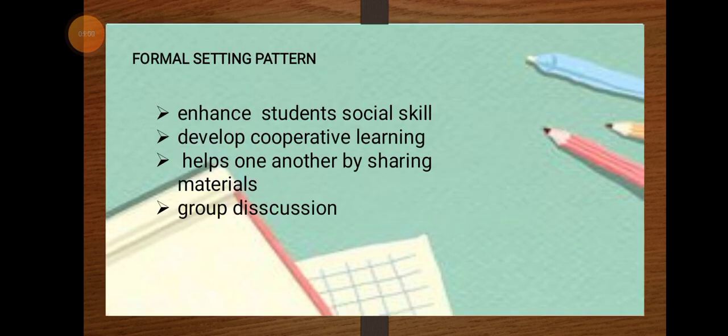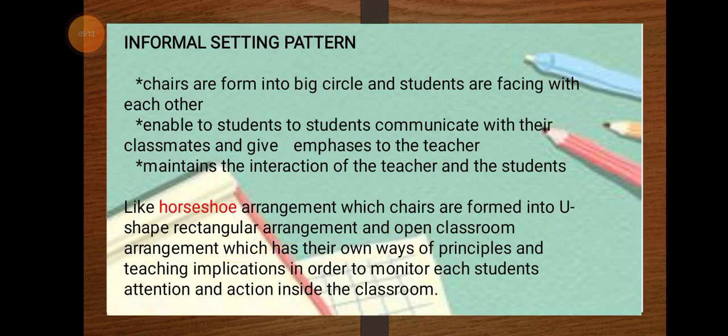Then the formal sitting pattern enhances students' social skills, develops cooperative learning, and helps one another by sharing materials and group discussion. In the informal sitting pattern, chairs are formed into a big circle and students face each other. It enables the students to communicate with their classmates and gives emphasis to the teacher, maintaining the interaction of the teacher and the students.